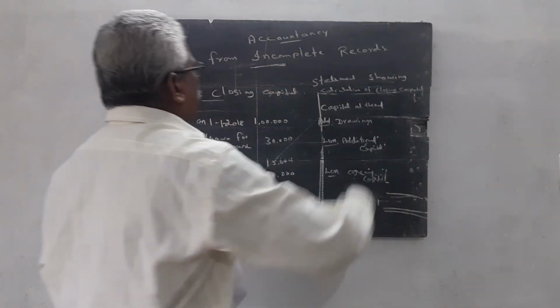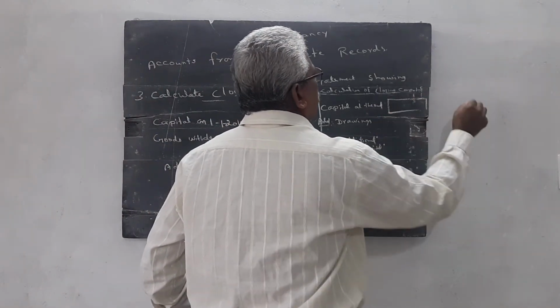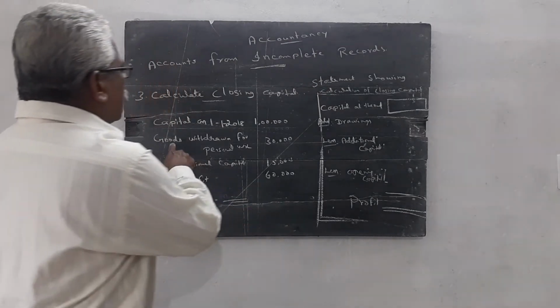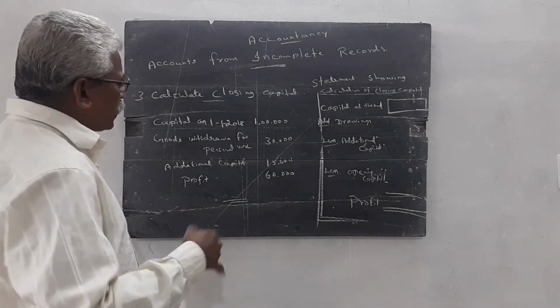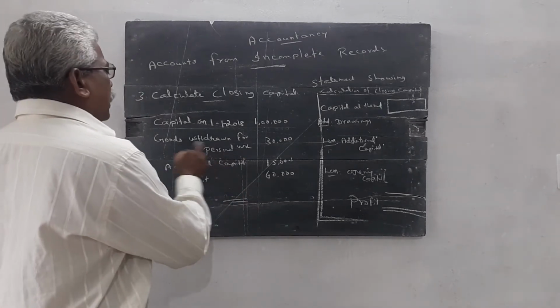First, we fill all the items one by one. Closing capital we have to find out. This is the answer. Drawings: goods withdrawn. If any cash is withdrawn, it is a drawing. Anything withdrawn for personal use is called a drawing.